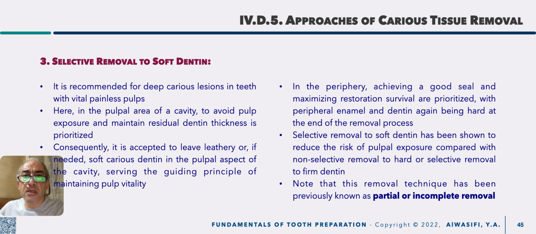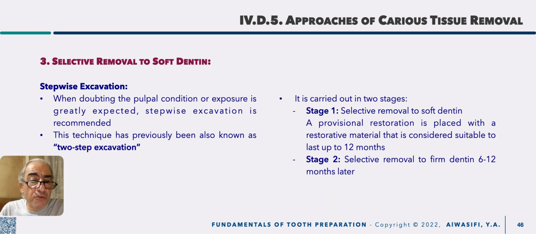It's an acceptable result. But what if we couldn't discriminate between affected and infected, and still have soft dentine? The idea now is partial or incomplete removal, which is discussed in terms of stepwise excavation or two-step excavation. What does it entail? Number 1, selective removal of soft dentine as much as possible, but avoid pulp exposure.